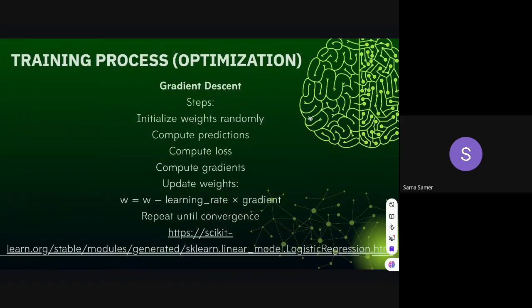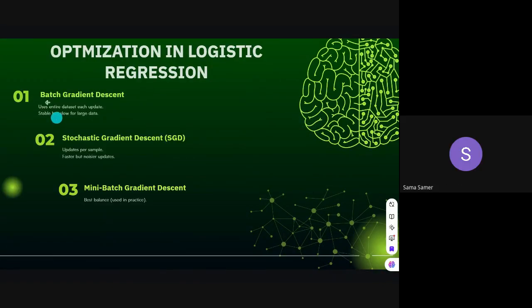Okay, it's fine. So we have the batch gradient descent, which uses the entire dataset in each update. It is stable, but it is slow for large data. So if you are training on a very large dataset, it will be very slow. Then we have the stochastic gradient descent, which updates per sample. It is faster, but has noisier updates: if we have an outlier or noise inside the data, our loss function will be very affected.